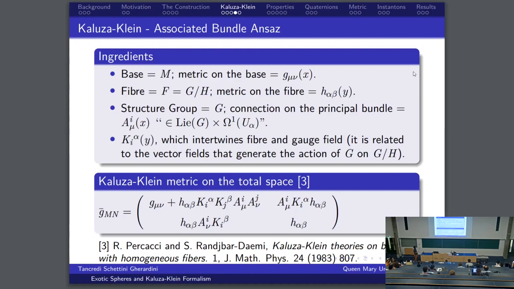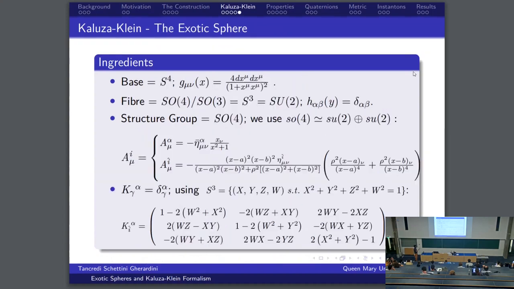And now what I worked out in my first paper was just what these ingredients are for exotic spheres. And I'll show you here. You can take on the base the usual round metric, and on the fiber the usual round metric. Now, for the gauge field, you can use the isomorphism between the algebra of SO4 and 2 copies of SU2.